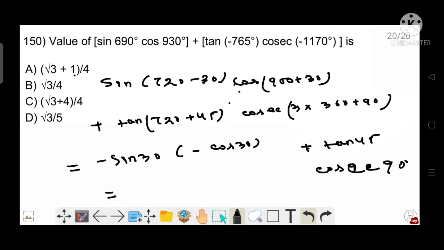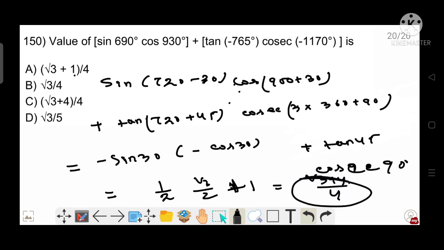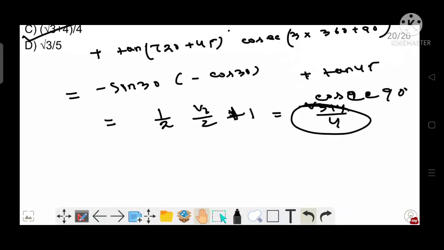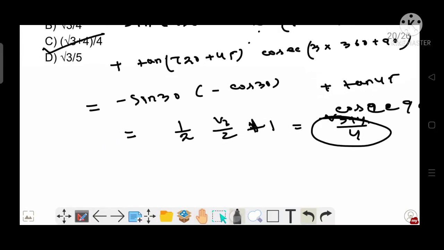So this will be minus 1 by 2 minus minus root 3 by 2 plus 1. So root 3 plus 4 by 4 is the answer. C is the answer. Thank you all. Signing off. RKP Math.